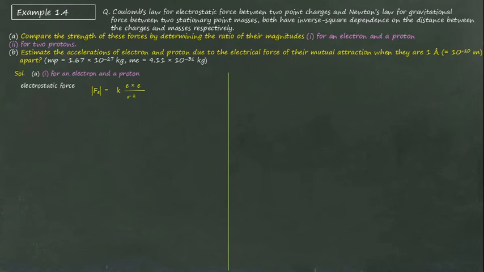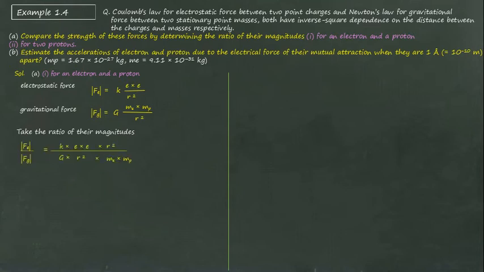E is charge of electron and proton. Gravitational force Fg is equal to G me into mp divided by R square. Take the ratio of their magnitudes. Fe divided by Fg is equal to K E cross E divided by R square and divide by G into me into mp divided by R square.